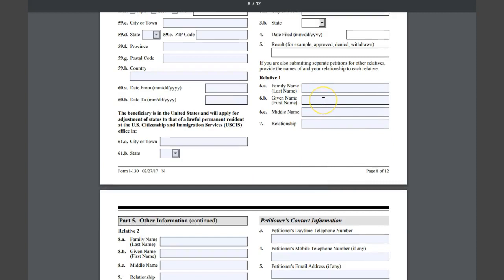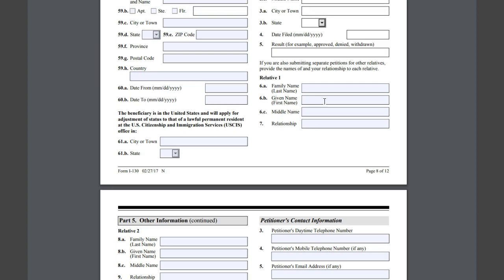So you know why they're asking this question? Because sometimes they just want to process both petitions at the same time. So let's say you're applying for two kids. They want to know information about the other application so that they might process them at the same time. They might schedule interviews for them at the same time.